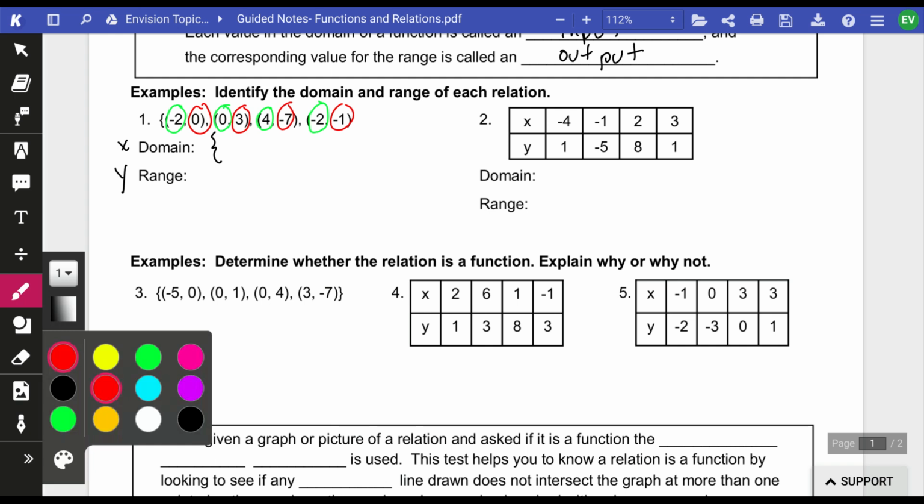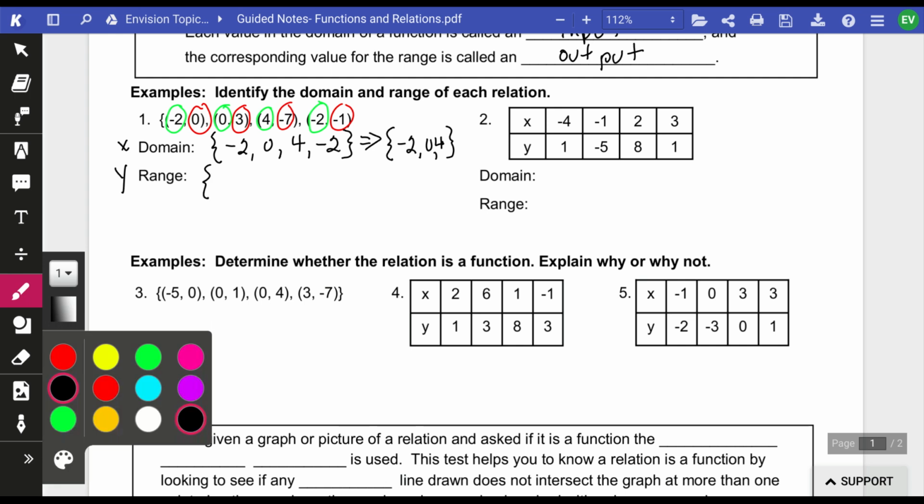So the domain values are -2, 0, 4, and -2. The problem is we don't want to have duplicates, so we want to write this like -2, 0, 4. We also want to go from smallest to biggest number.